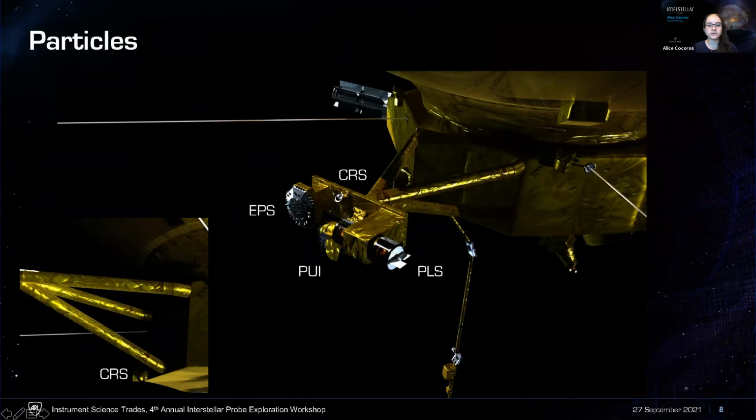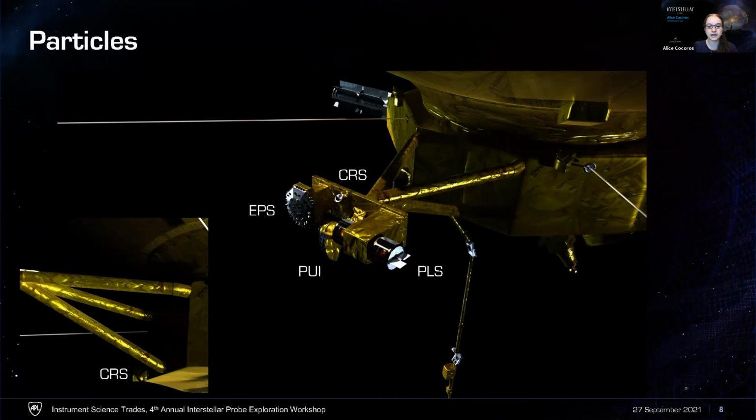And you have 4 different main instruments here, which are capturing different energies and particles. You have your plasma system all the way on the right, which is capturing thermal ions and electrons up through the light pickup ions with energies in the 10s to 10,000s of eV.